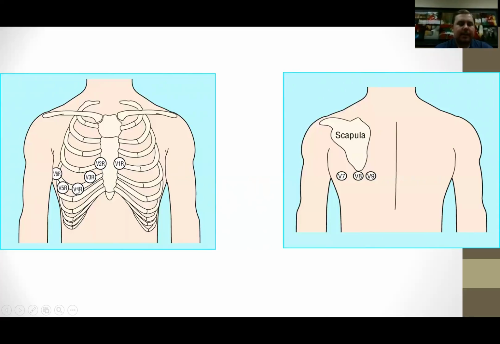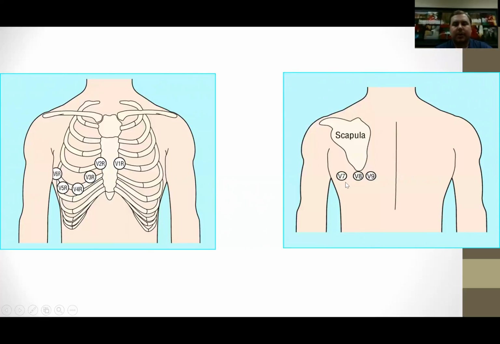V4R needs to be the main one that we place, because in, I think, 92% of right ventricular MIs, V4R is going to show the elevation. I generally just put all my leads and I swap them over, because all you need to determine if it's a right ventricular MI is you just need elevation in one of these leads.